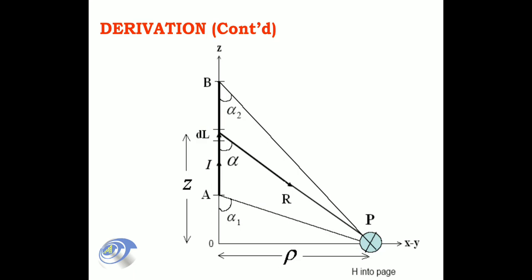The unit vector in this direction for a point P I can express as a r12, for the first and second points. Let point A be point 1 and B be the second point.